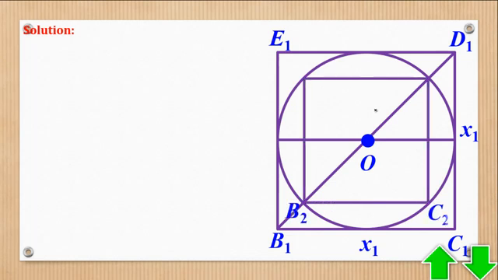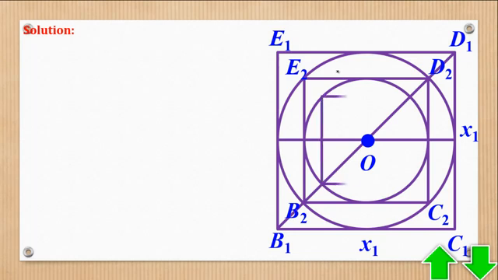Then I'll again inscribe a square inside this circle. I've called it B2, C2, D2, E2. Then another circle. Again, the process is repeated for the third time to get B3, C3, D3, E3, and then the third circle.